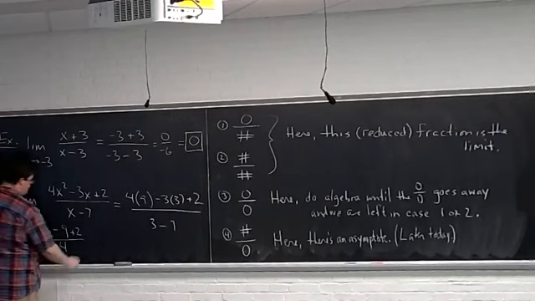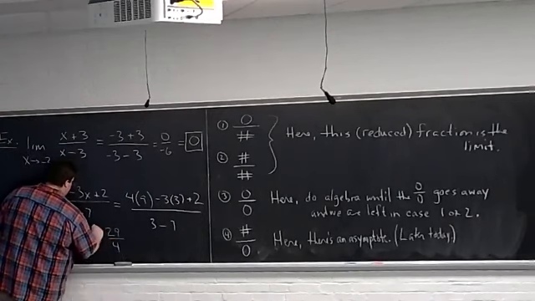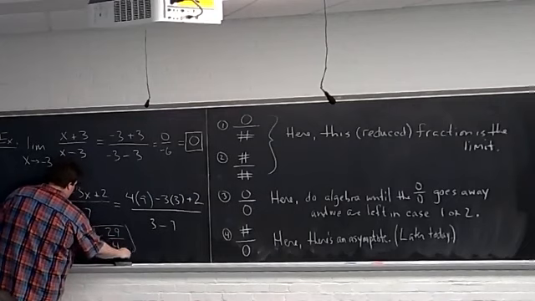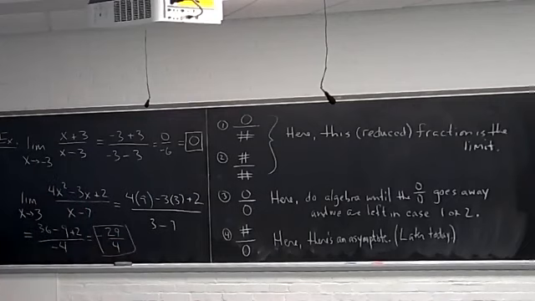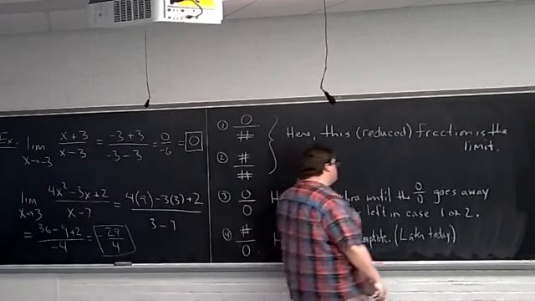36 plus 2, 38. 38 minus 9, 29. 29 divided into -4, -29/4. Puts us in case 2. That fraction is reduced, so this is the limit, -29/4.